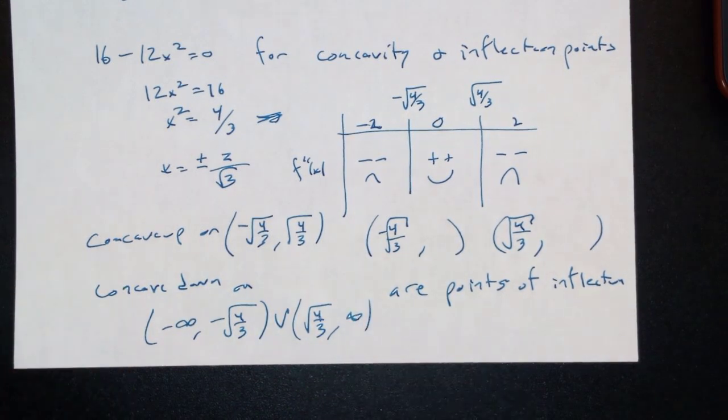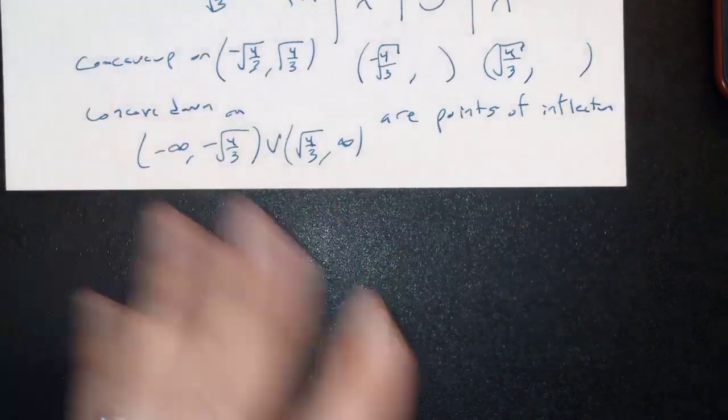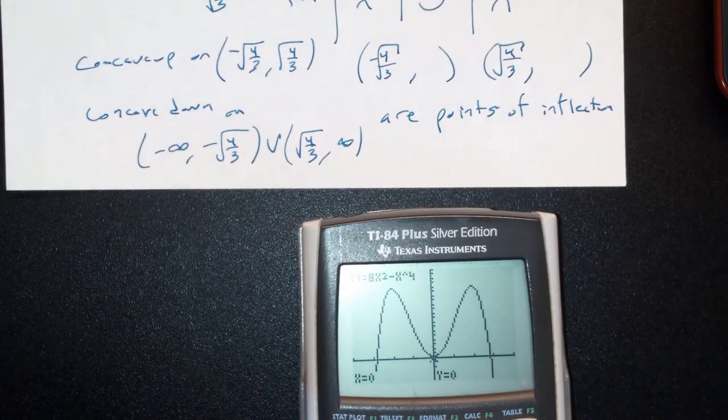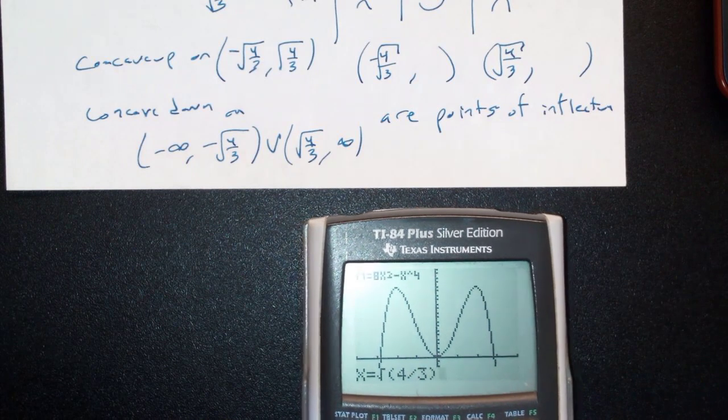How do I get the y values for those points? Plug them into the original equation, which is already graphed for me. So I can use my technology the same way we did before and hit the trace button and put in x equals the square root of 4/3.